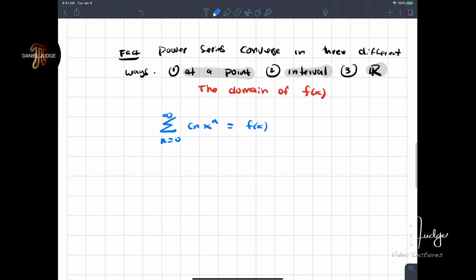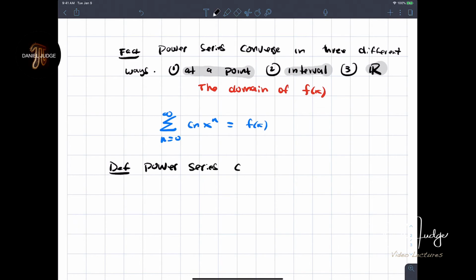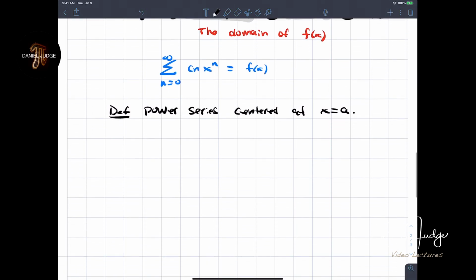I'm also going to give you another definition of a power series. This is a power series that is centered at the value x equals a. So you can see, I guess we're going to keep it in definitions here.